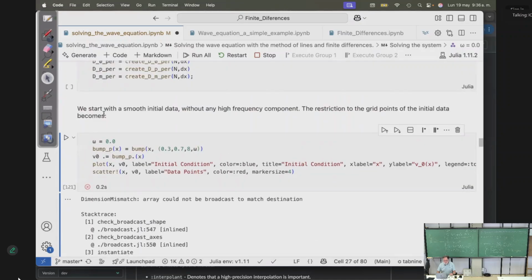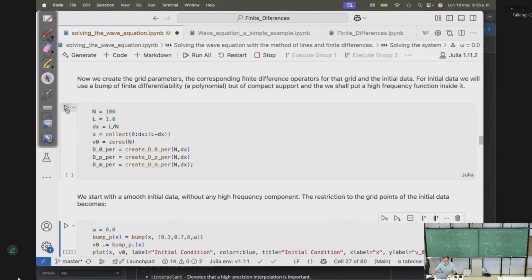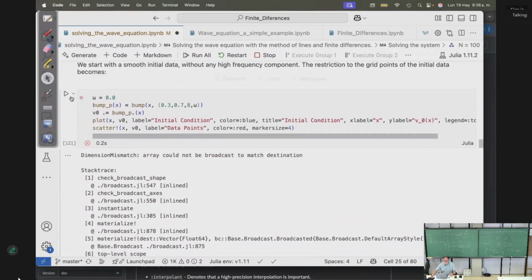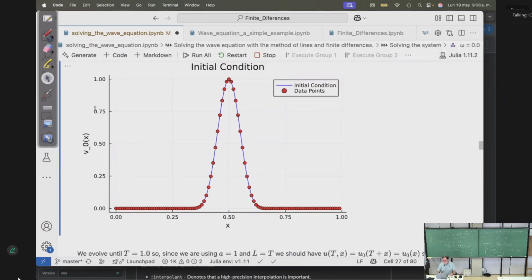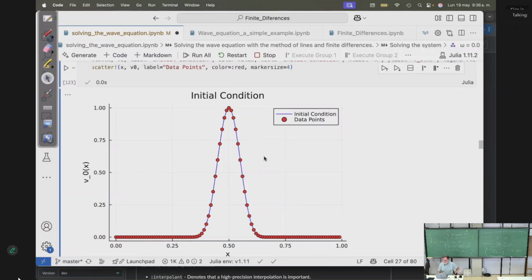I think I didn't run this. Okay. And we get here. The red ones are the real points, and the line is the interpolation that the plotting subroutine does.